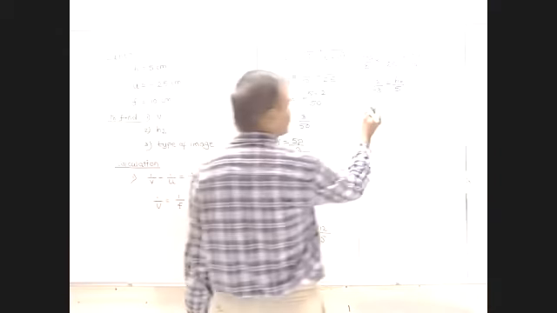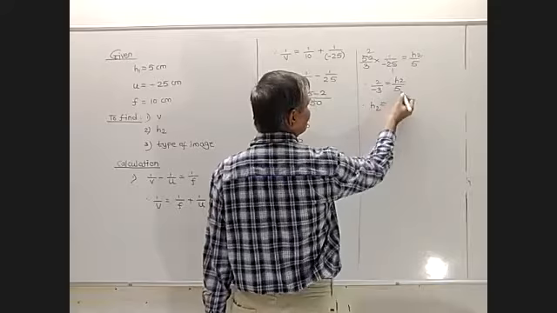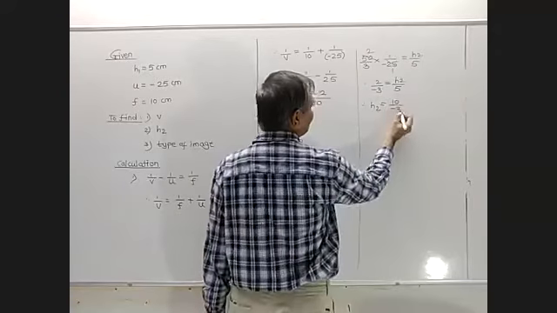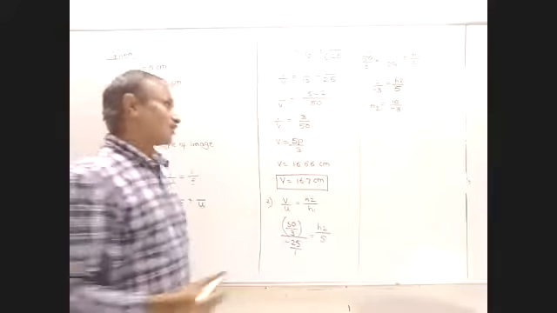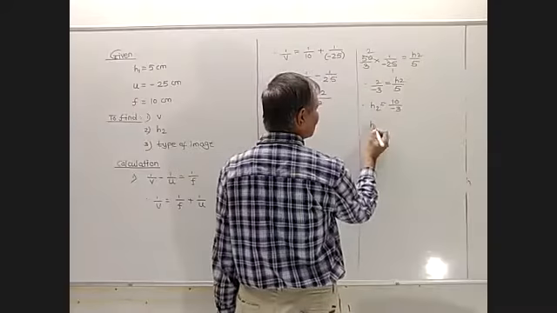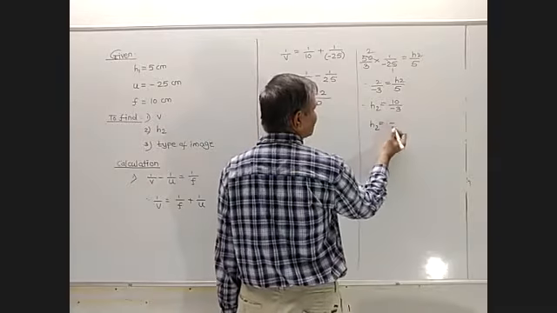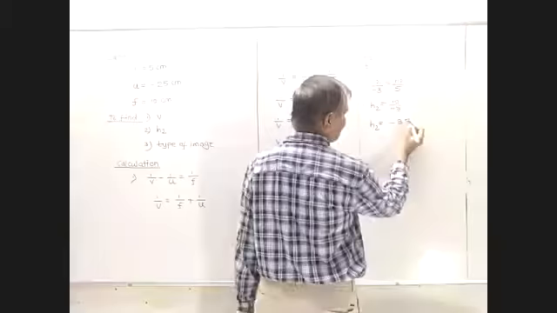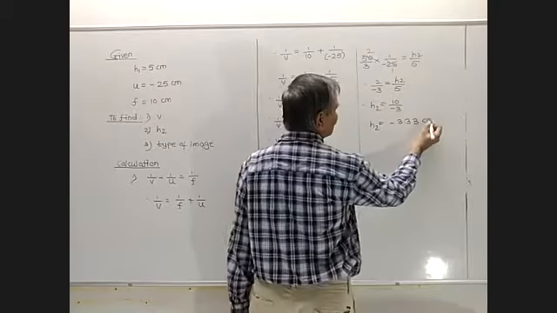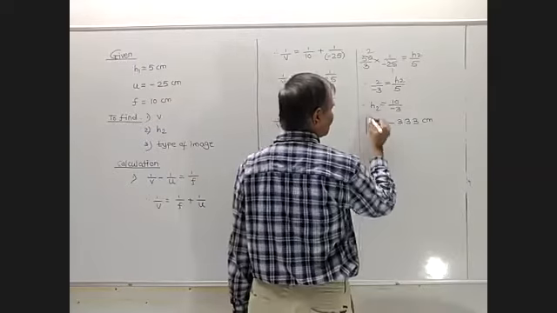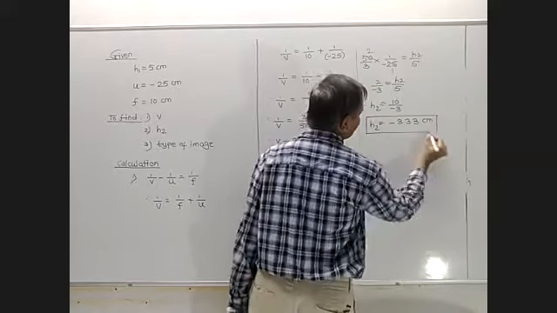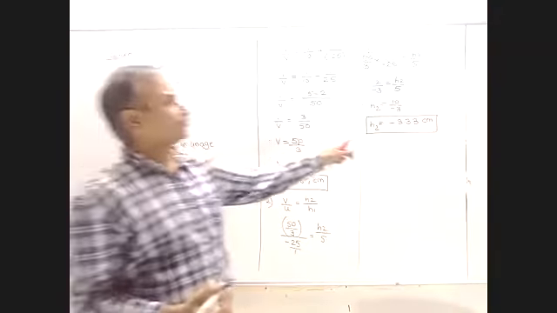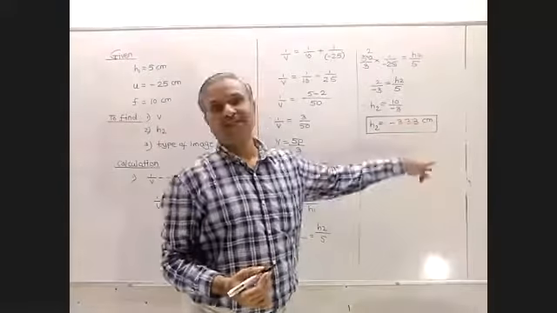So from this, h2 is equal to, this 5 will come to this side, 5 twos are 10, so minus 10 upon 3. So h2 is minus 3.33 centimeter. Look now, h2 is negative. h2 negative, by sign convention, means it is an inverted image.